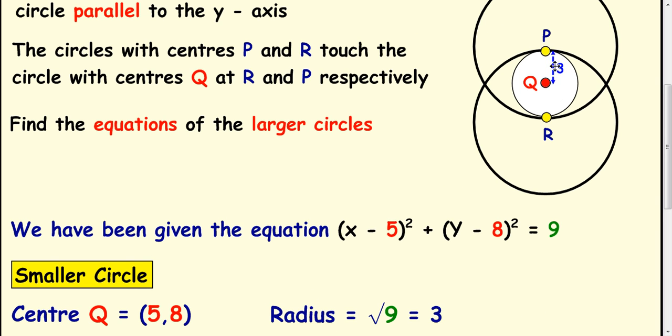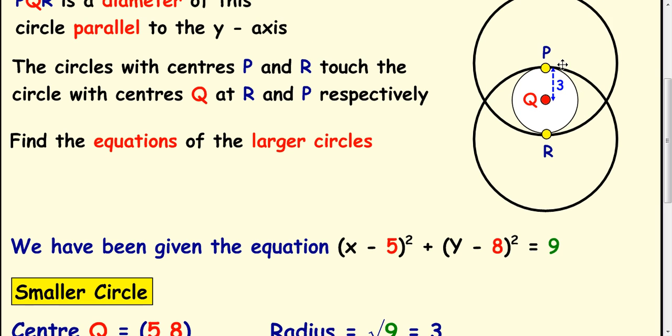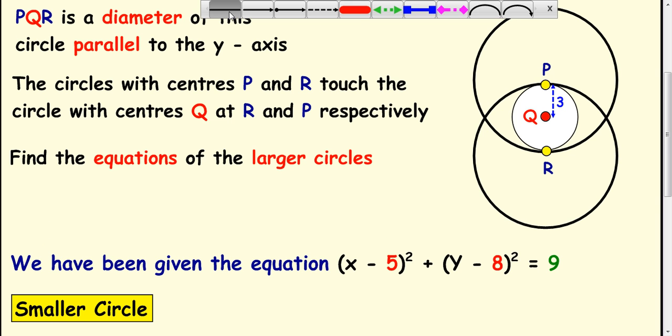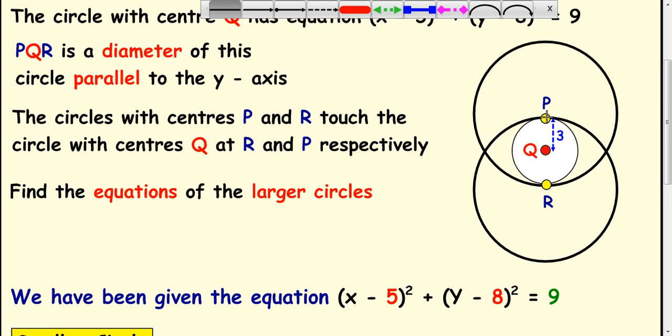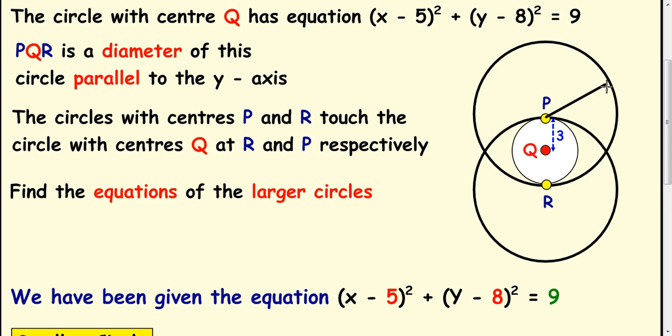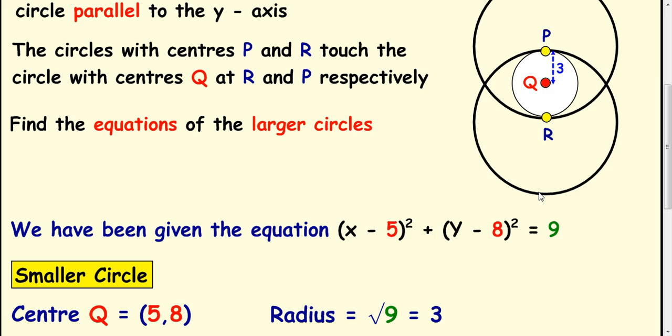So the radius of the small white circle is 3, which means that the radius of the bigger circle, which is this part here, is going to be double 3, which is 6. So the radius of the larger circle is 6, that's quite easy to calculate.